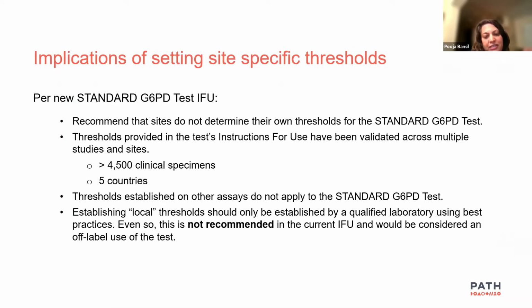Moreover, G6PD values and thresholds determined on a different assay will not apply to the standard G6PD test. And thresholds should only be established by qualified laboratories using best practices. But this is not recommended, as it would be considered an off-label use of the test. Next slide, please.